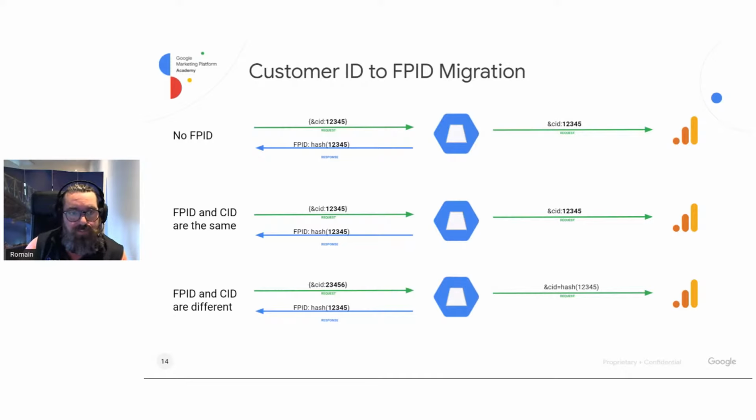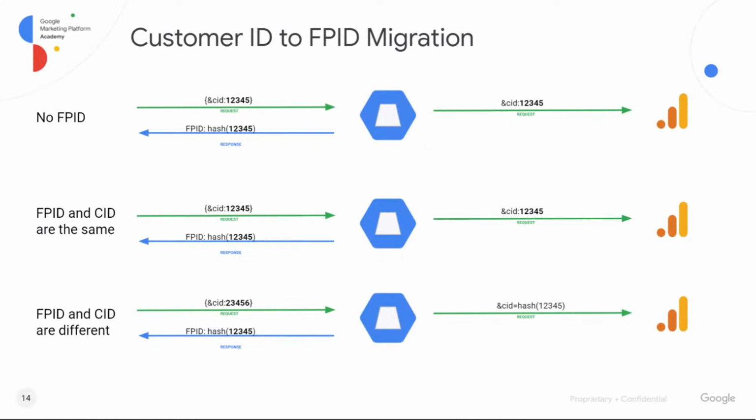Now, if the FPID and the CID are the same, we will take advantage of the FPID as long as we enable it. And if they are different, there are two kinds of options.